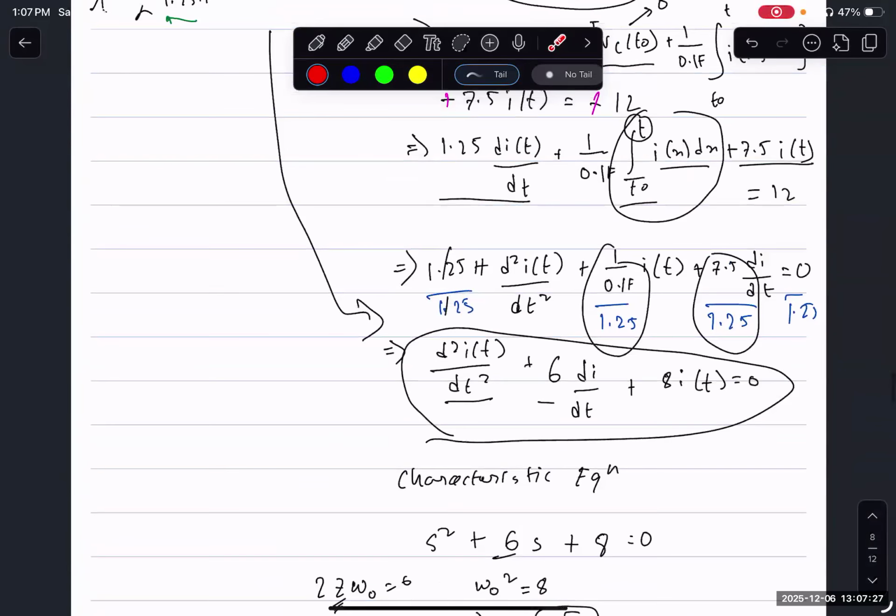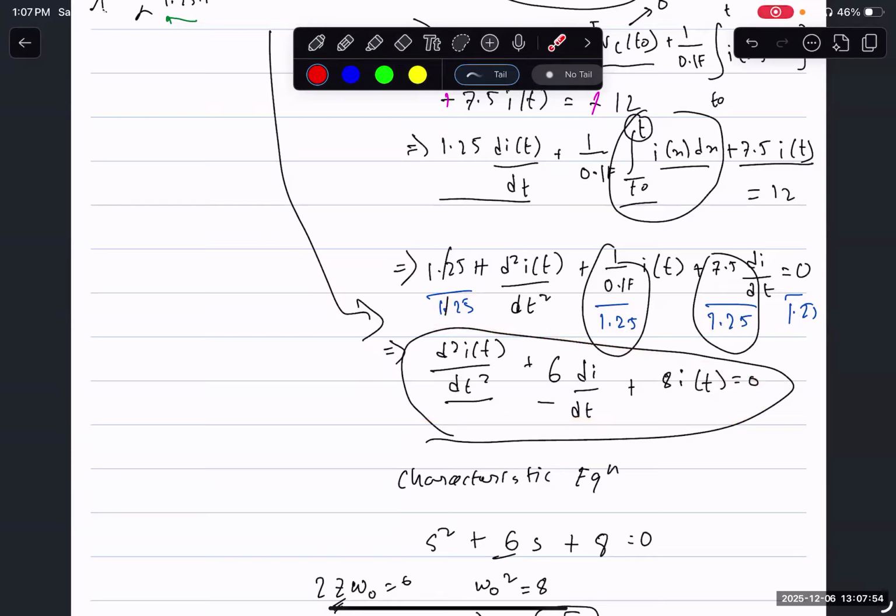So what we have here was this. And then for the second differential, we had 1.25 in the coefficient, so we had to remove this. So we just divide all of the parts of this equation by 1.25, including the other side. It gives this equation.